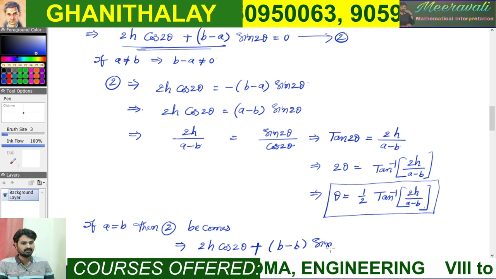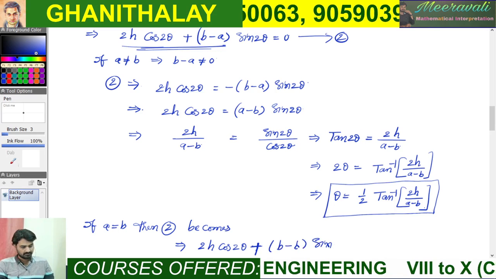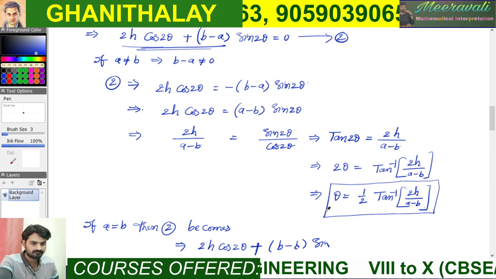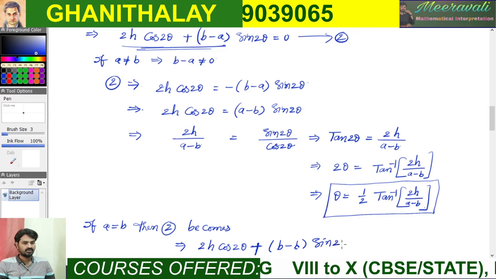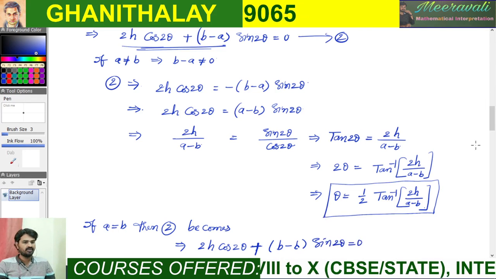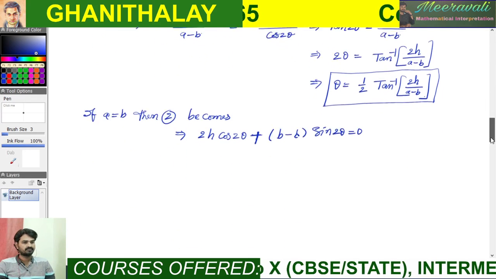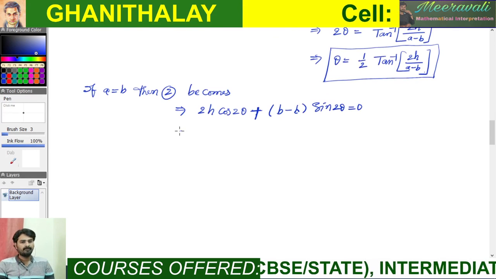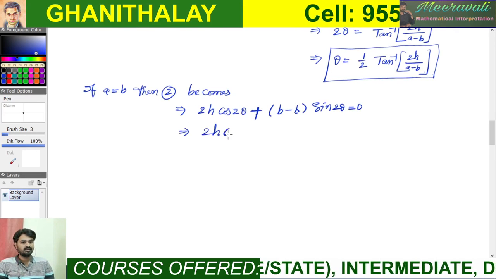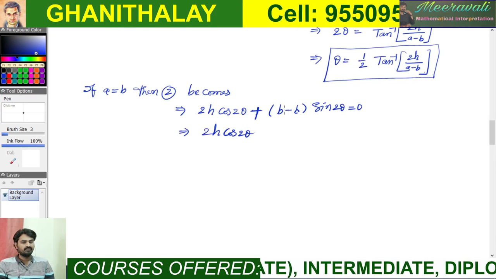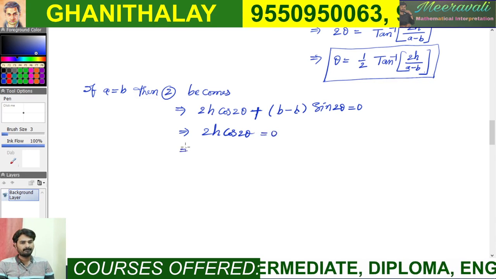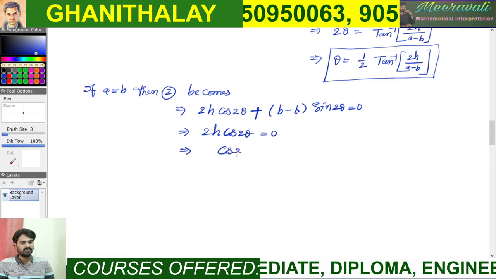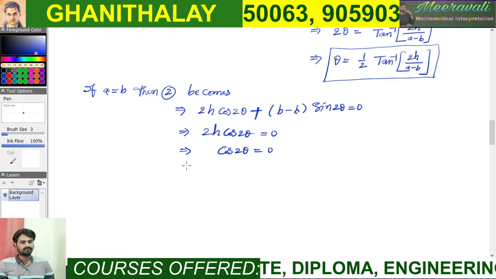Sin 2 theta is equal to 0. Now finally here 2h cos 2 theta, b cancels, that is 0 into anything is 0, that is cos 2 theta is equal to 0.